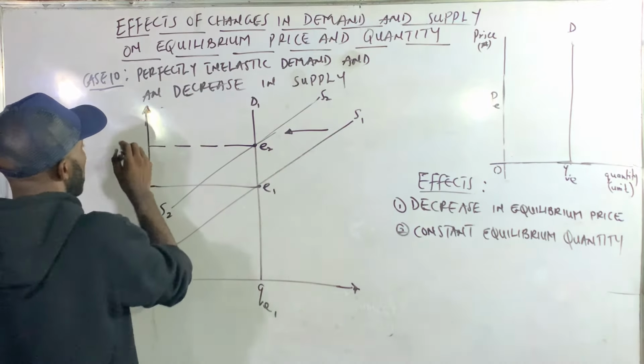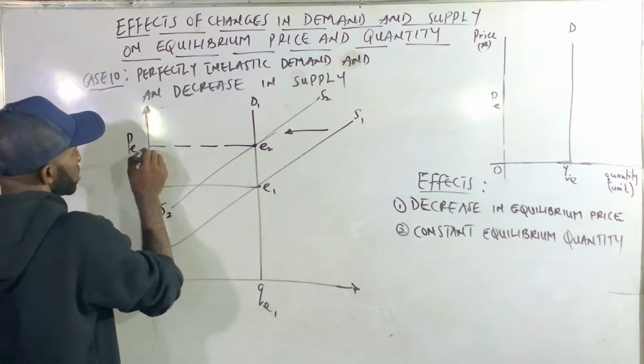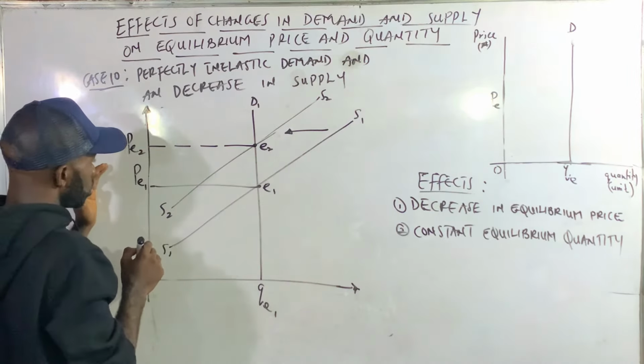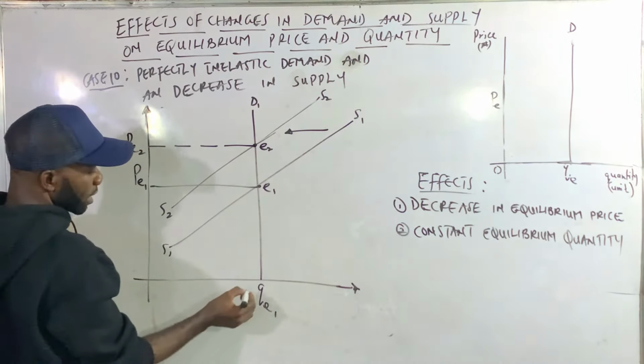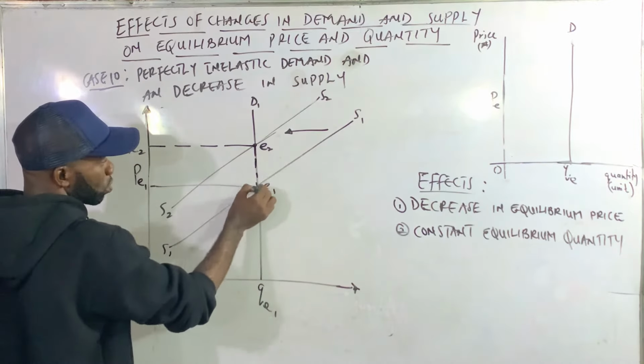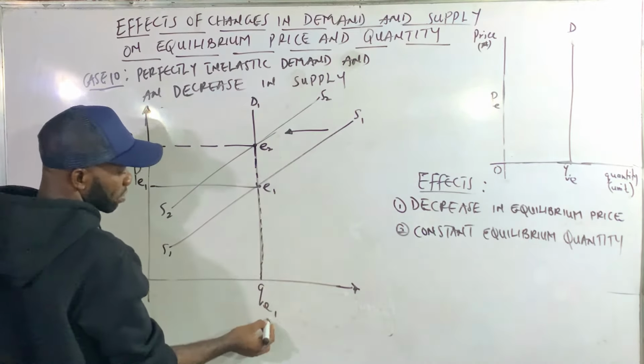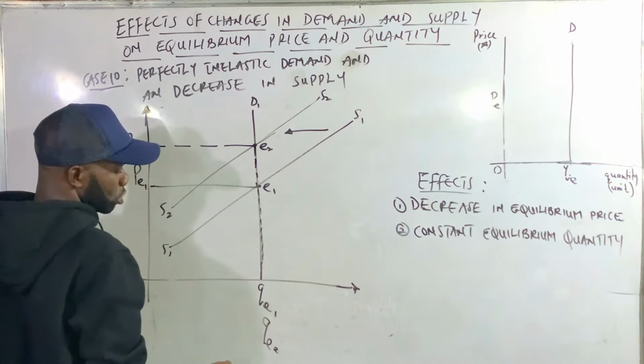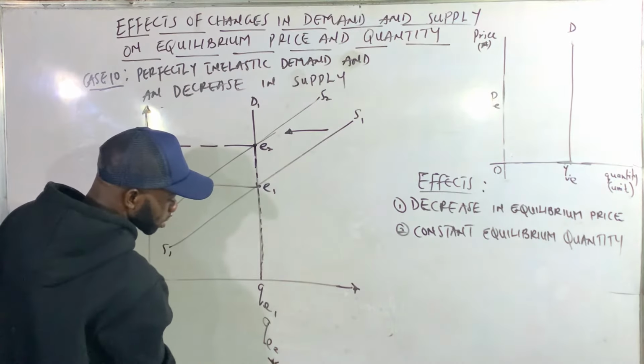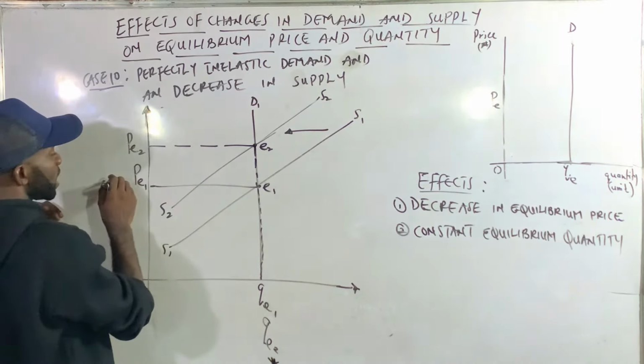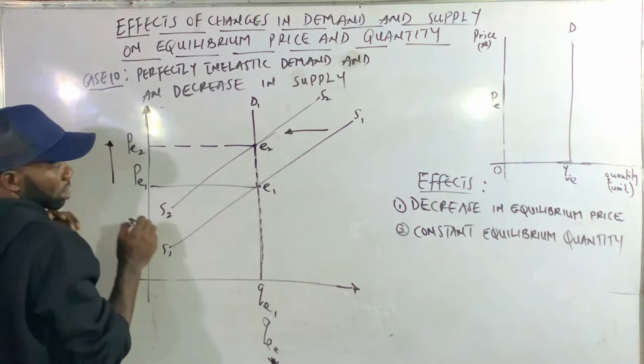You trace it to the price axis, you have PE2, which is equilibrium price 2, and then trace it to the quantity axis, and then you have equilibrium quantity 2. This shows that equilibrium quantity still remains constant while equilibrium price increases.